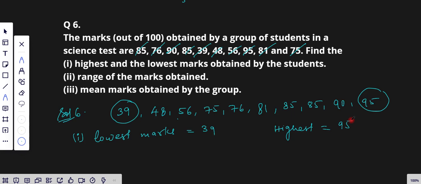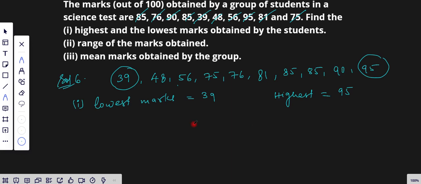Then you can calculate the range also. The range is the highest minus the lowest value.